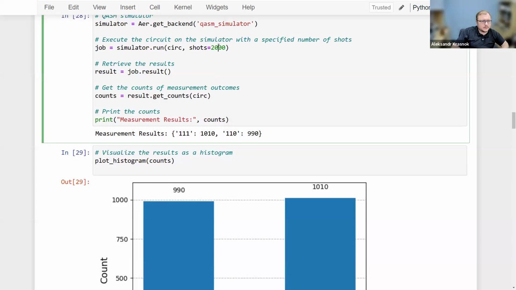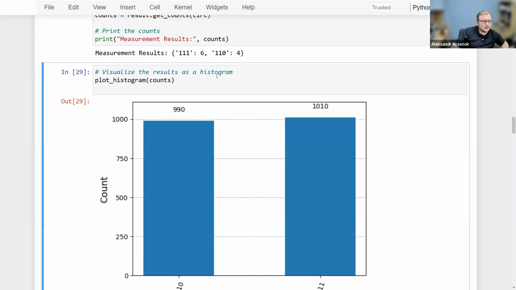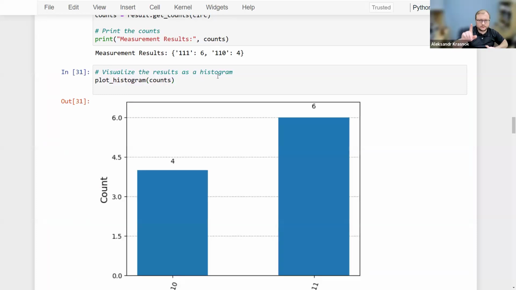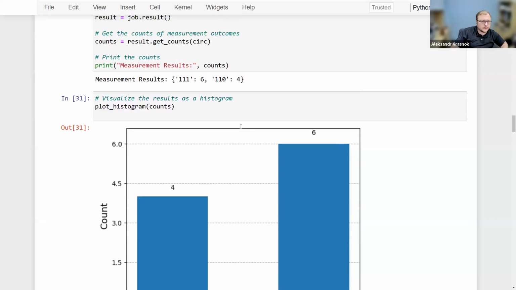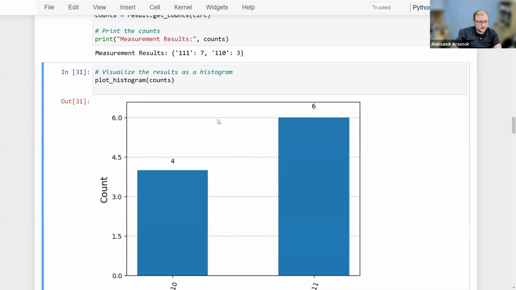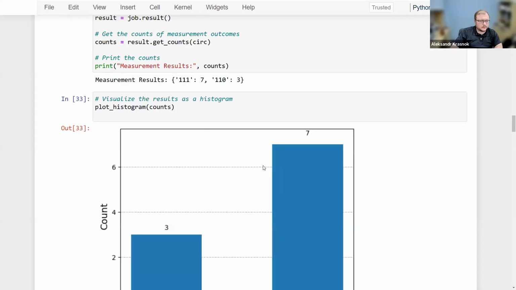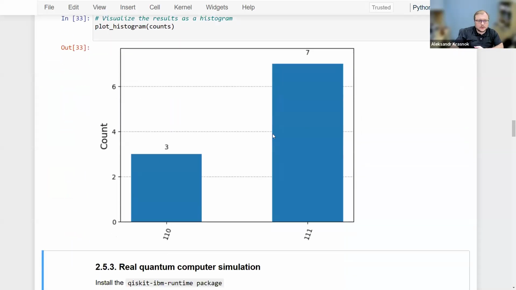If, for example, I run my experiment just 10 times, right, the difference between these two histograms is much greater, right? It's noticeable. Again, if I run another experiment 10 times, again, you cannot say that these two states have the same probability.